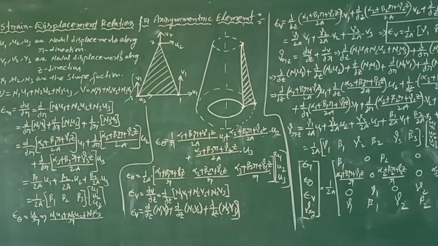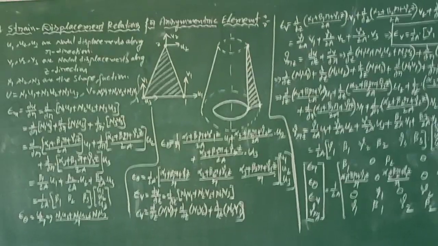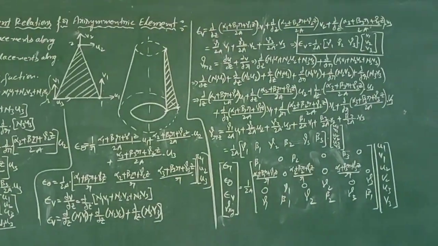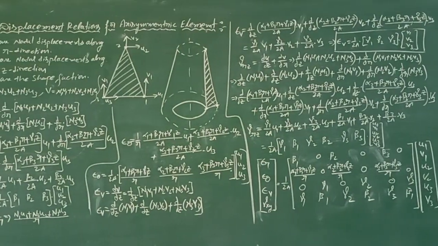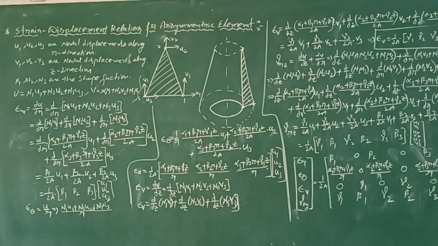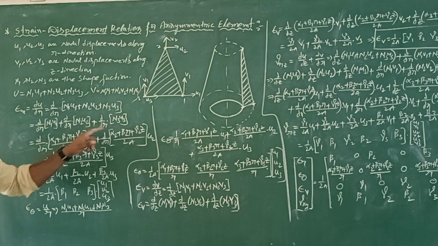Finally, we got the strain displacement relations easily. First we have to find out epsilon r. We know the nodal displacement and interior displacement relations, and we know the shape function, which I have already derived.